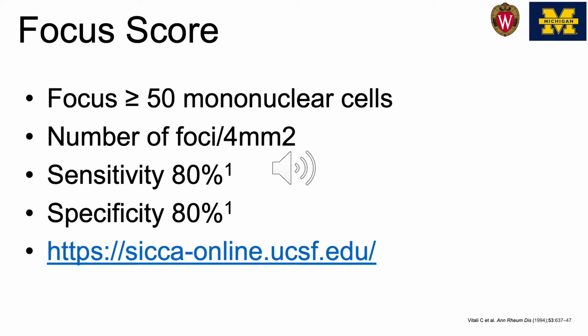He defined a focus as one with 50 or more lymphocytes or histiocytes, deciding to count the number of those in a 4 millimeter square area. Turns out that the area of view under low-power 10x microscopy is 4 millimeters square.